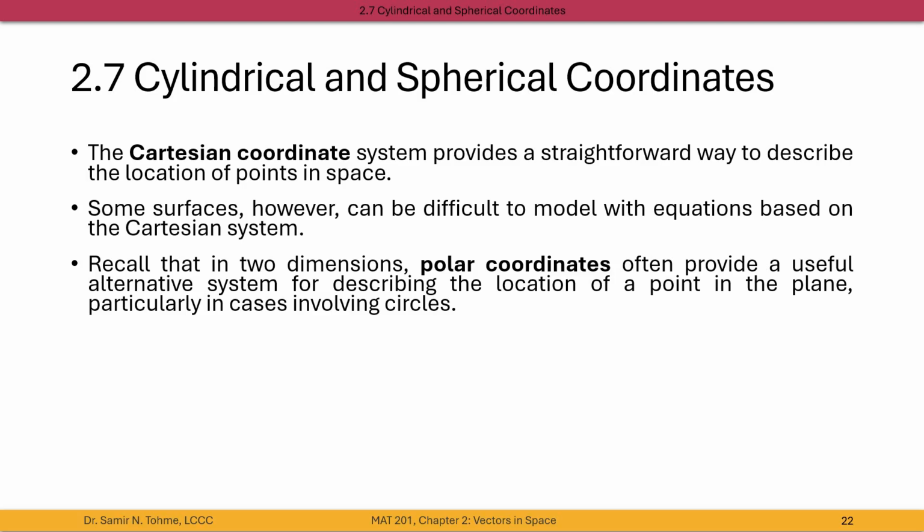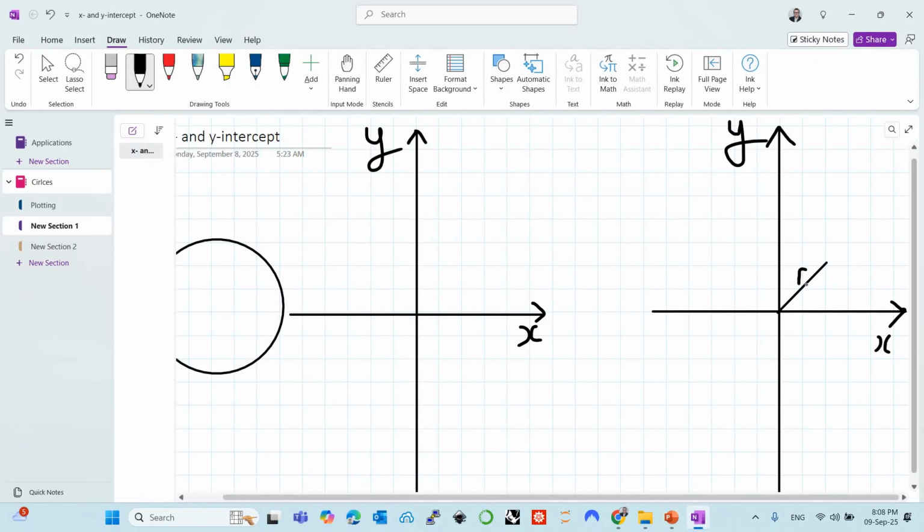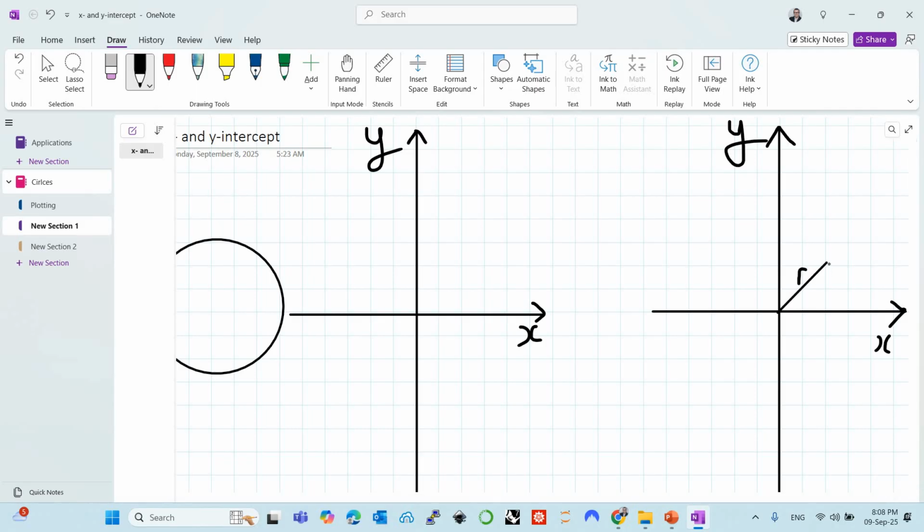Recall, in 2 dimensions, you used polar coordinates whenever you had cases that involve circles. Recall that for polar coordinates, we define r as the radius, the distance between the origin and a point in space, and the angle theta that defines the angle between the x-axis and the radius r.